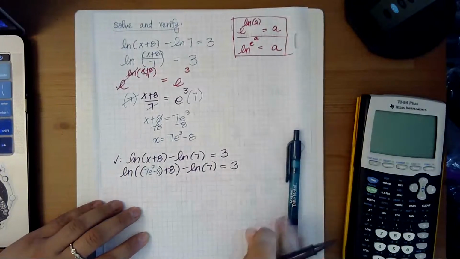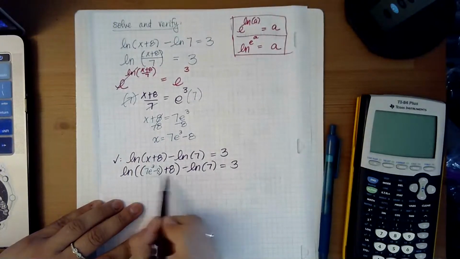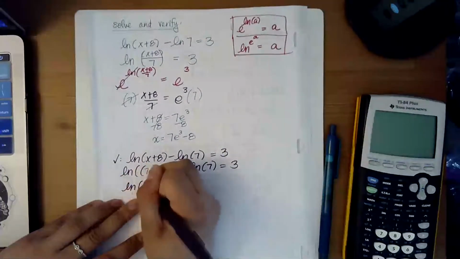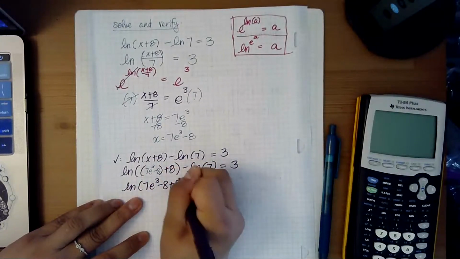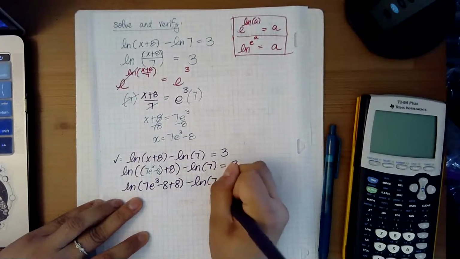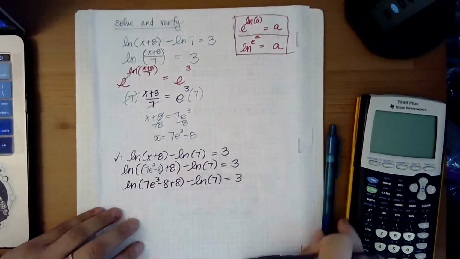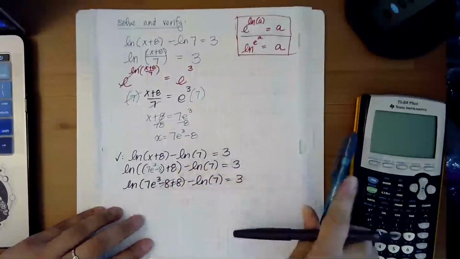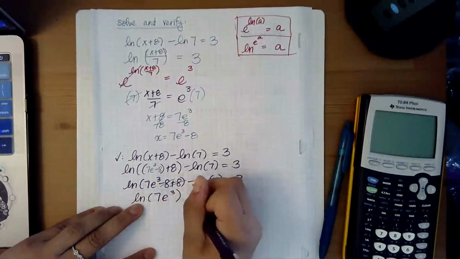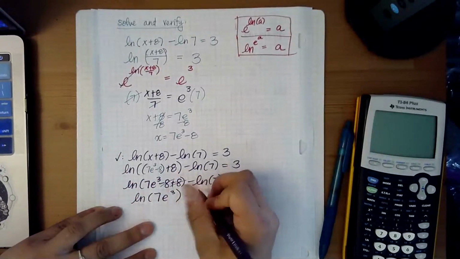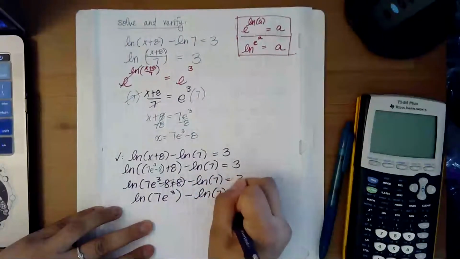Okay, so now let's see. Simplifying just this inside, I have ln of (7e to the 3rd minus 8 plus 8) minus ln of 7 is equal to 3. So here, the negative 8 and 8 cancel. So I have ln of 7e to the 3rd minus ln 7 equals 3.